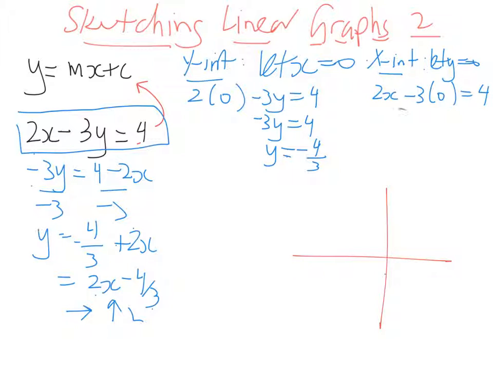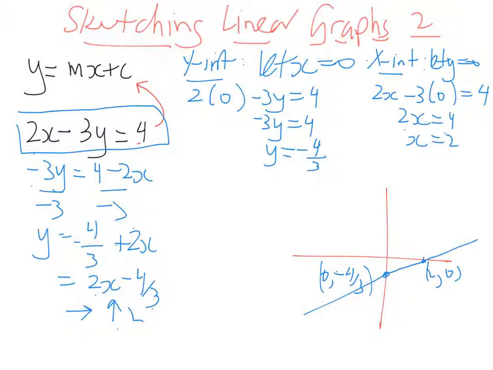So 3 times 0 is 0, so we've got 2x equals 4. Divide both sides by 2, we've got x equals 2. So there's our x-intercept. Now we didn't have an x-intercept here, but we've got one here. So we put a dot here at 0, negative 4 over 3, and then put another dot here at x equals 2, y equals 0. And then we put a line through them. So that's what we end up with there.